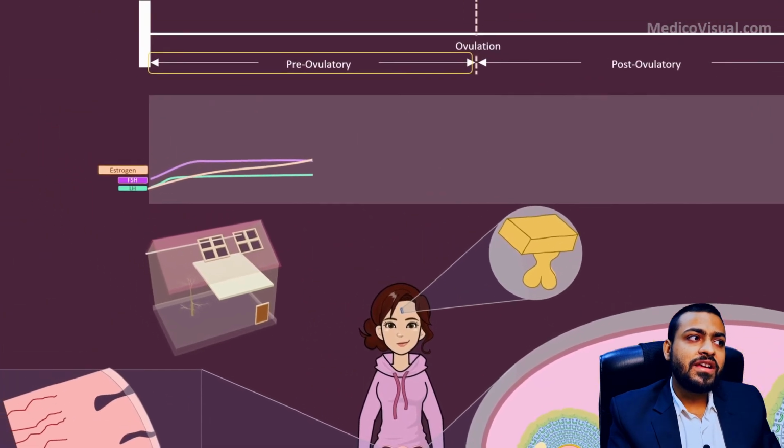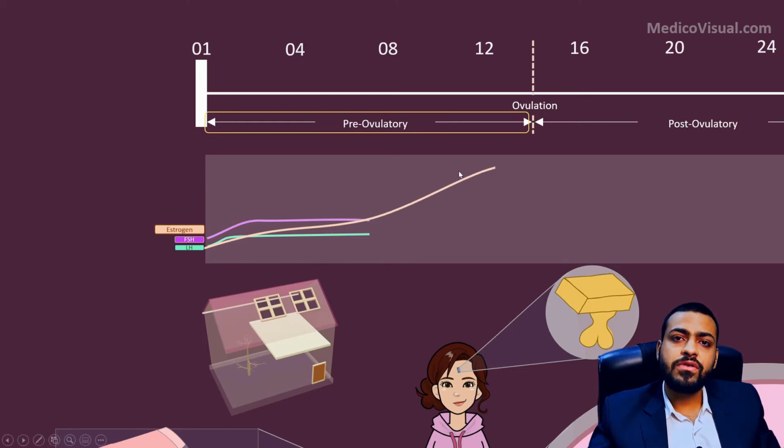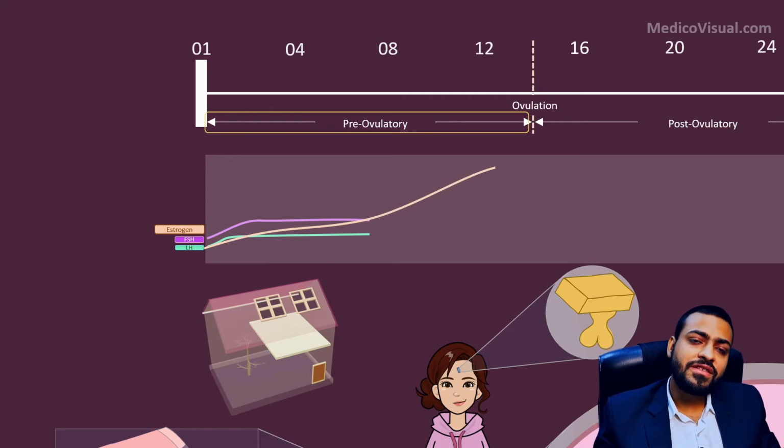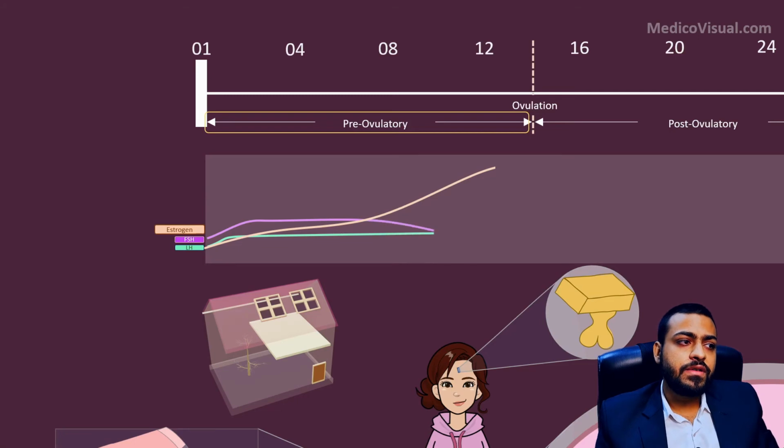Now here something interesting happens. Of course, estrogen level will continue to rise because follicles continue to grow, and follicles will continue to secrete more and more estrogen, right? But here what happens is that as estrogen rises too much, probably through feedback inhibition, it causes a decline in FSH level.